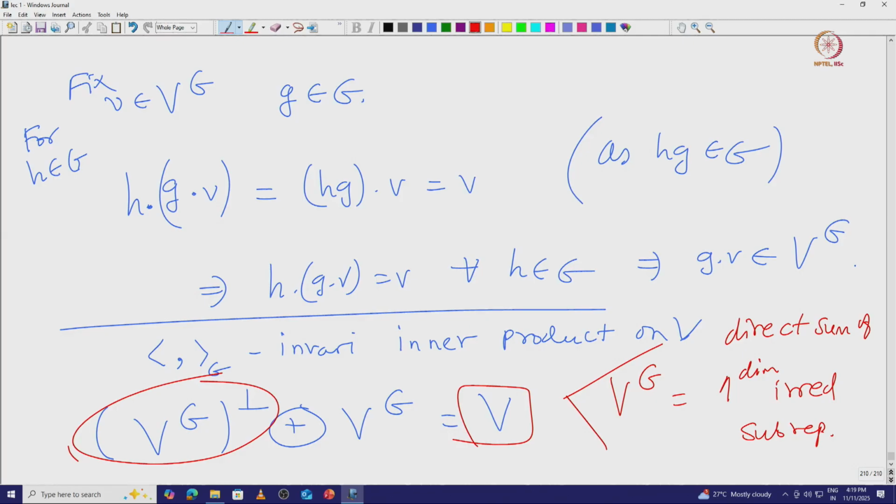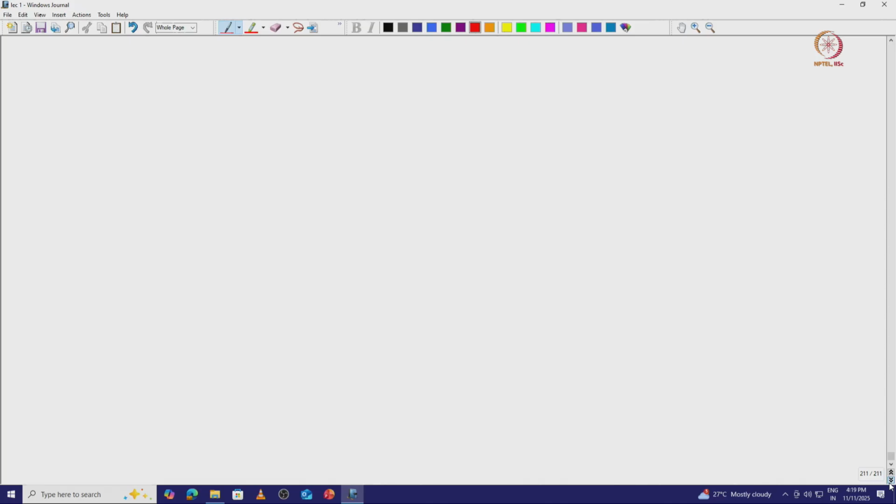Okay, so indeed we have the following interesting projection map. Maybe I will just write down the map. I will leave it to you to check that it is indeed a linear map. So, you have this projection map from V to Vg.